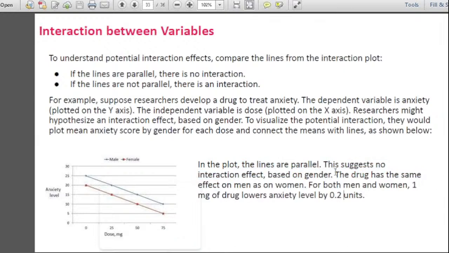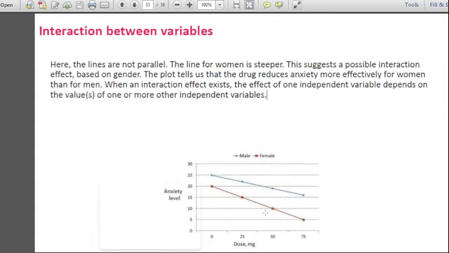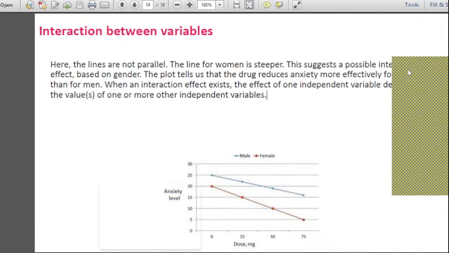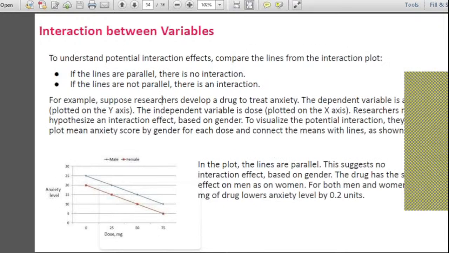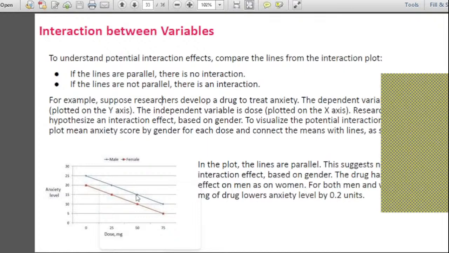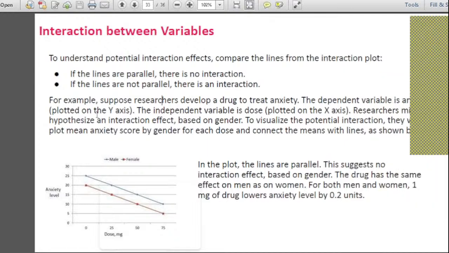That is all we have to know about interaction, and that is what I have explained here also. x1 and x2 are independent if the lines are parallel.